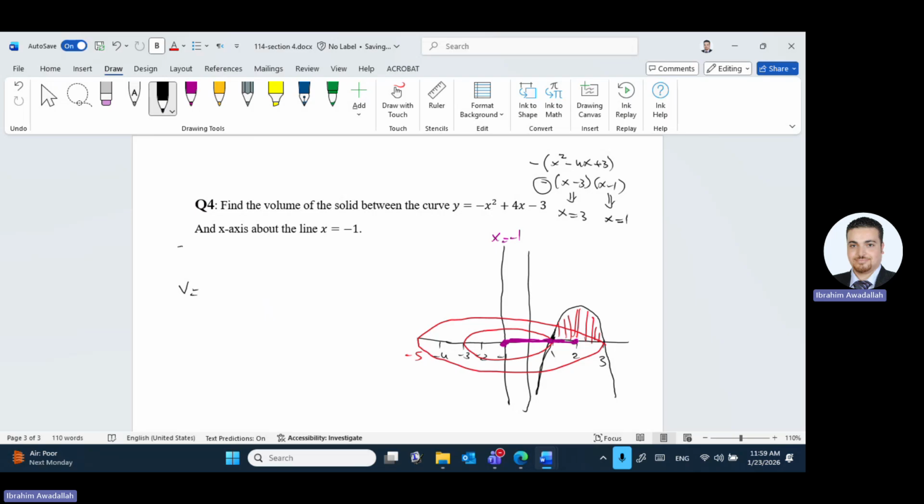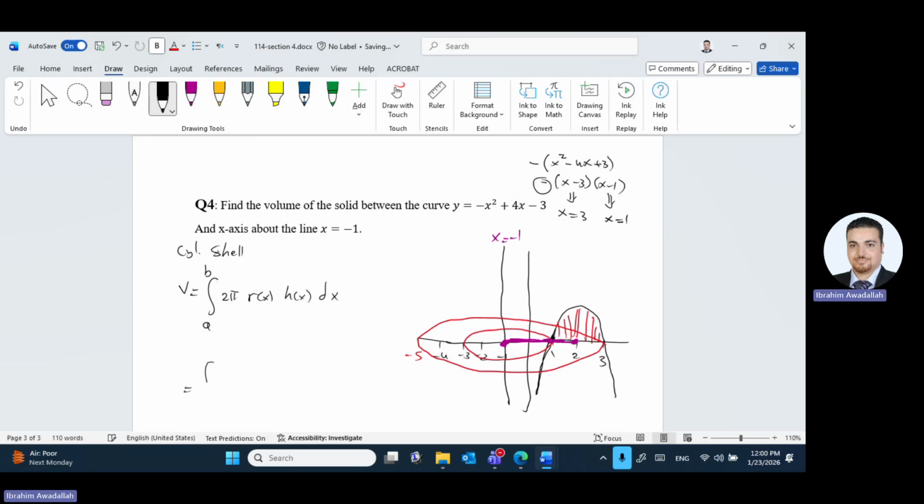That's why we will use the cylindrical shell method. The integration 2 pi outside, or I can make it inside, later I will take it outside, from a to b, and one more time, r of x, h of x dx.